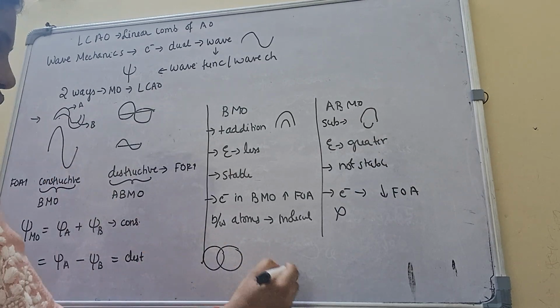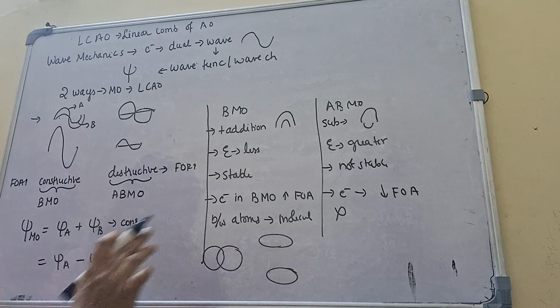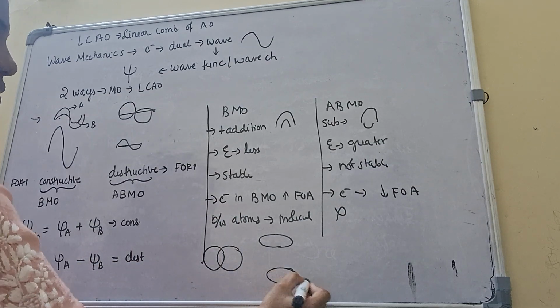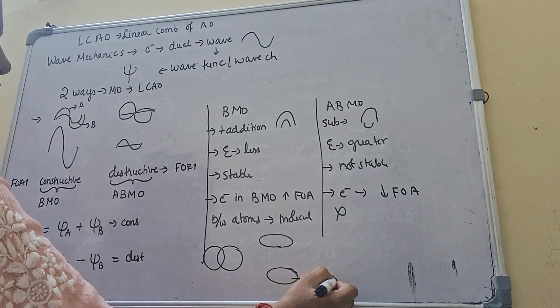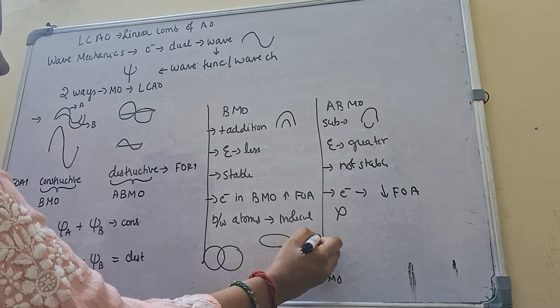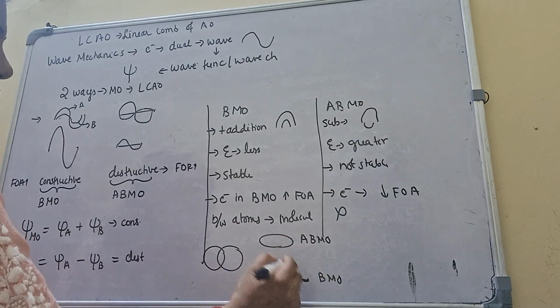Let me say that you are getting two molecular orbitals, something like this. This is your bonding molecular orbital. This is the anti-bonding molecular orbital. There will be electrons here.